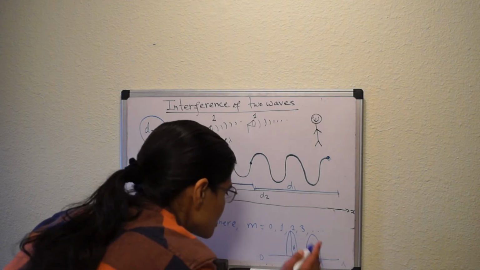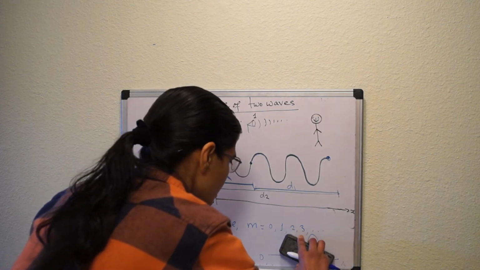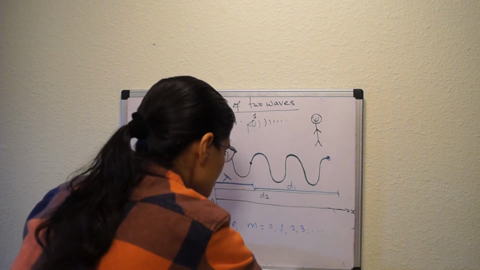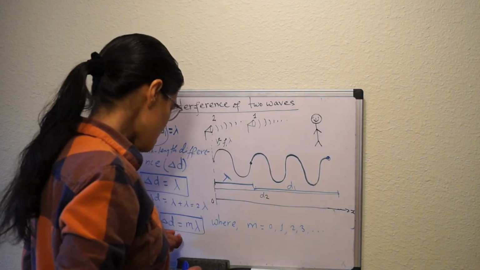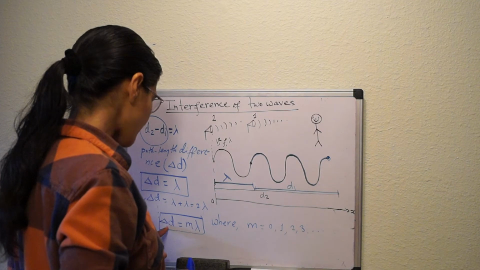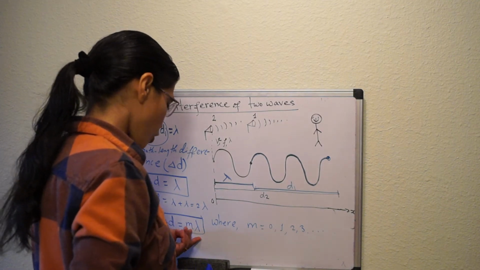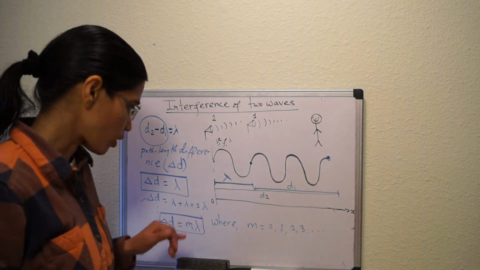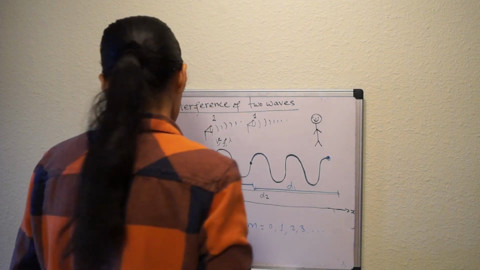So this amplitude is going to be really big, right? So by the time you hear here is going to be a sound with higher intensity, okay? So that is constructive interference, okay? So this is the important thing here, guys. Again, the path length difference should be an integer multiple of the wavelength lambda for constructive interference.